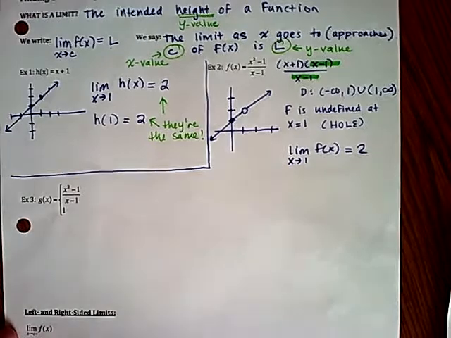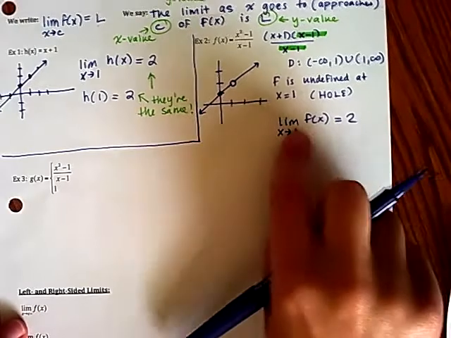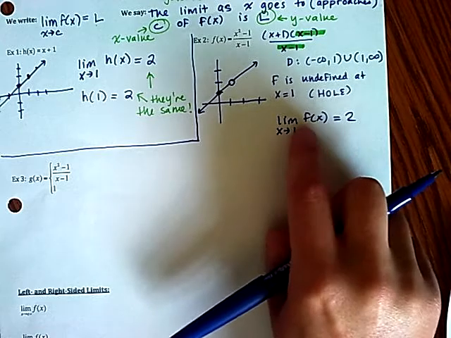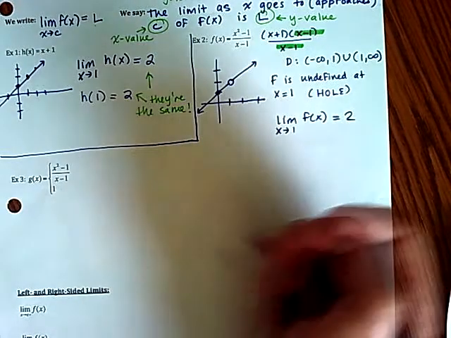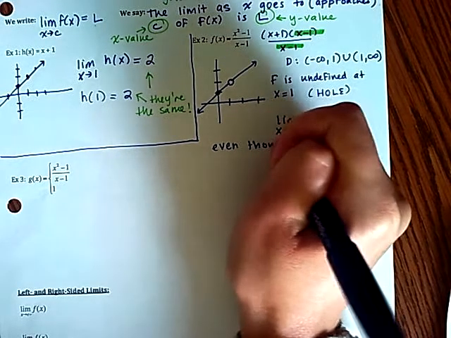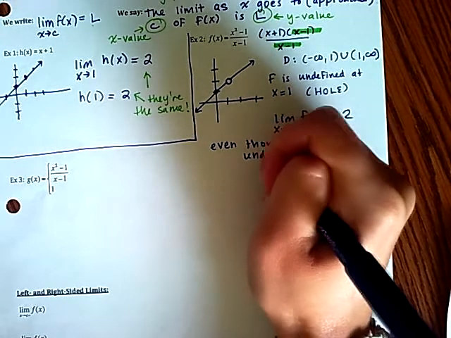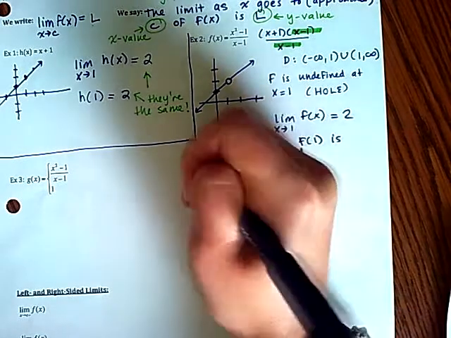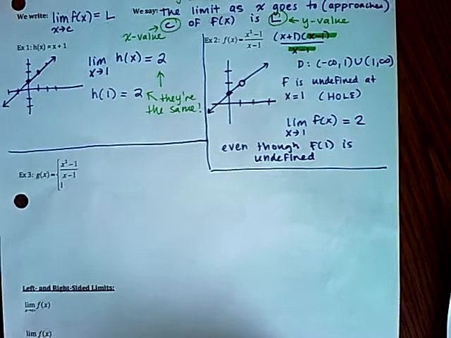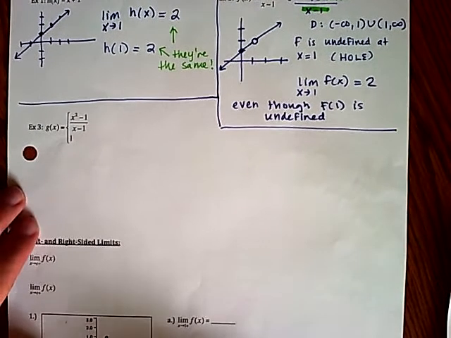Okay, so we have one more example. So we have our function, our limit is equal to 2, even though f of 1 is undefined. Okay, so our last example is a piecewise function.